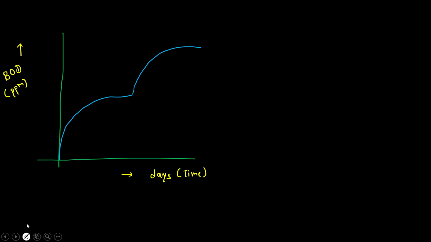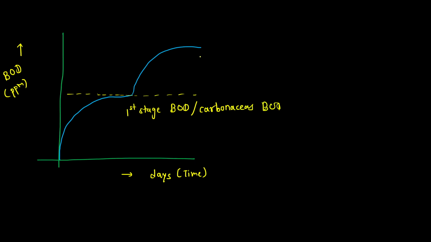It is divided into two portions. The initial portion is called the first stage, also called carbonaceous BOD, that is first stage BOD. And this is called the final stage or second stage, nitrogenous BOD.